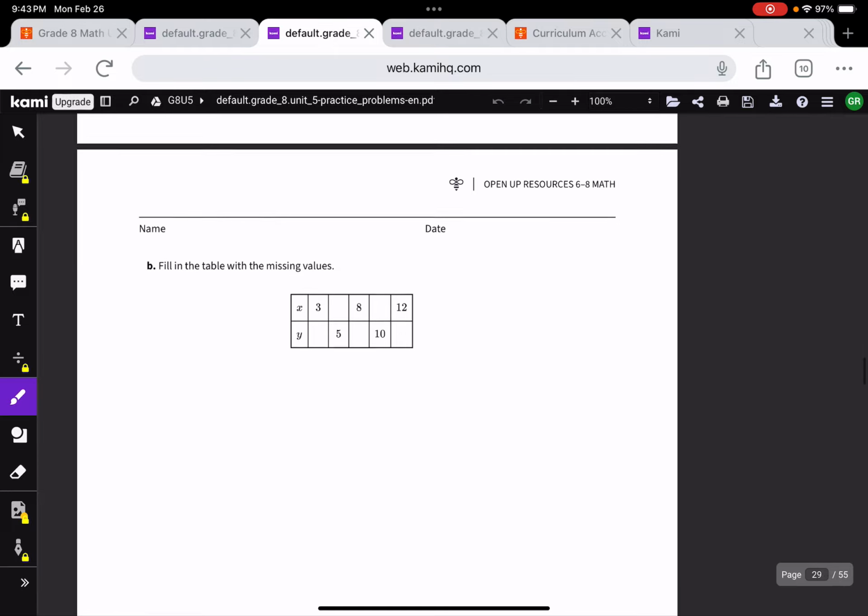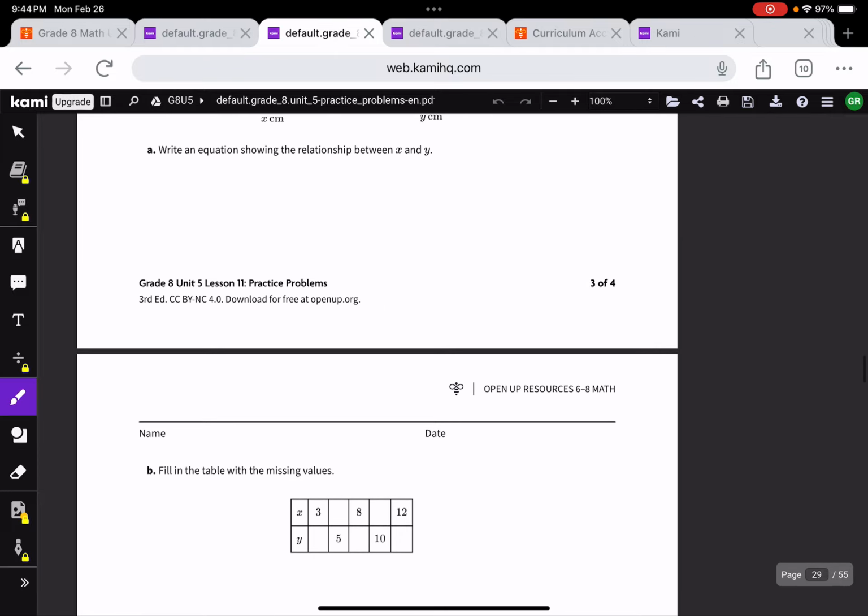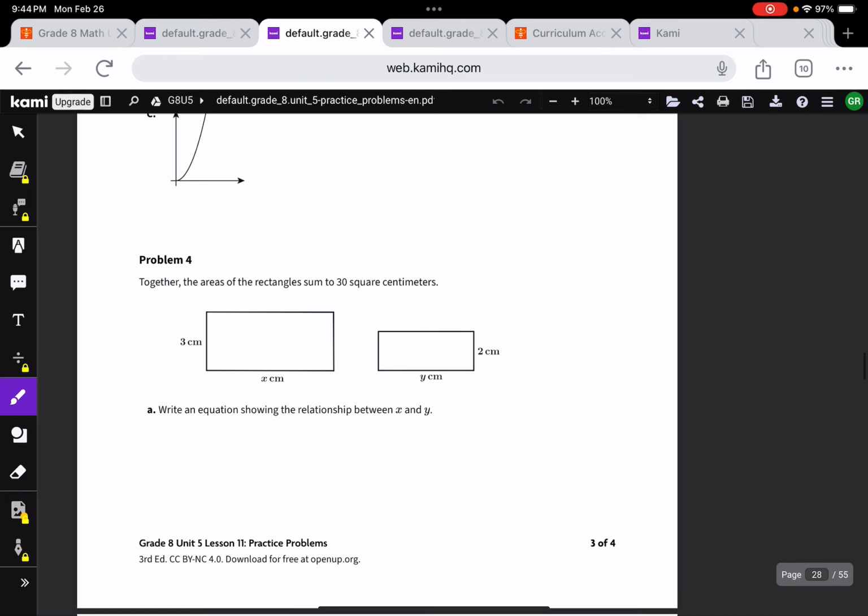And then it says fill in the missing values. Well, if x is 3, then we can figure it out. If x was 3, that means the area of the first rectangle, 3 times 3, is 9. Plus 2y equals 30.